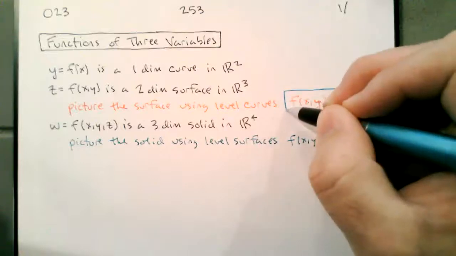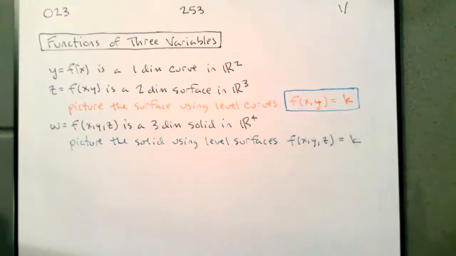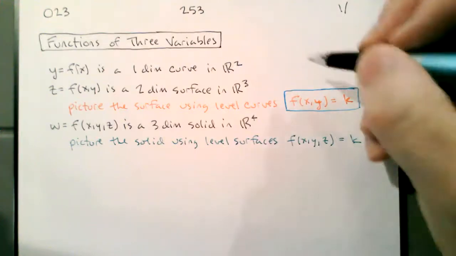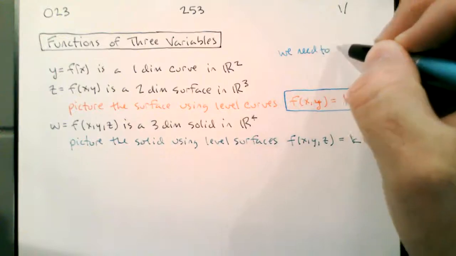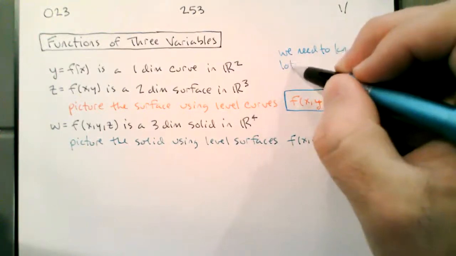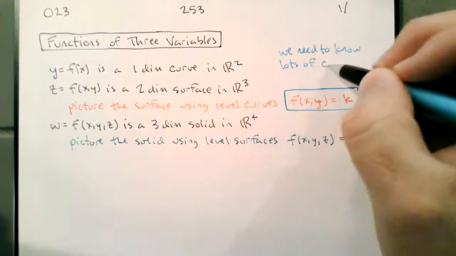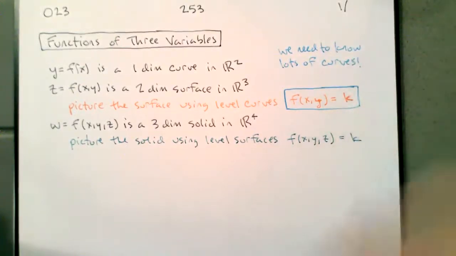So you know things like parabolas, equations of circles, equations of lines. You know about graphs of polynomial functions. So we need to know lots of curves. We need to be familiar with all those graphs.